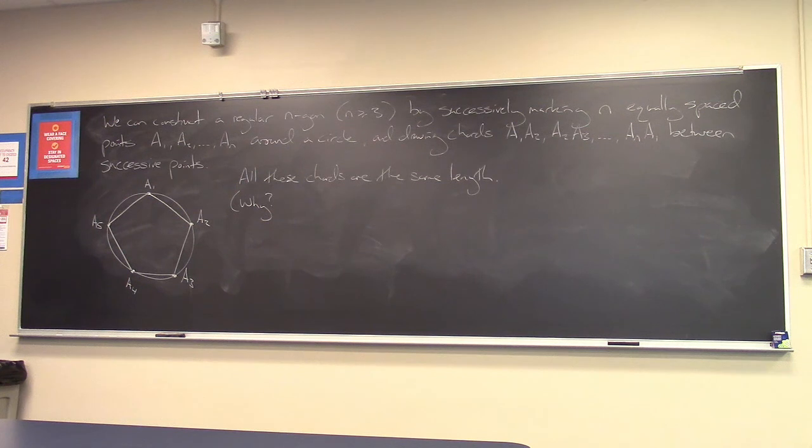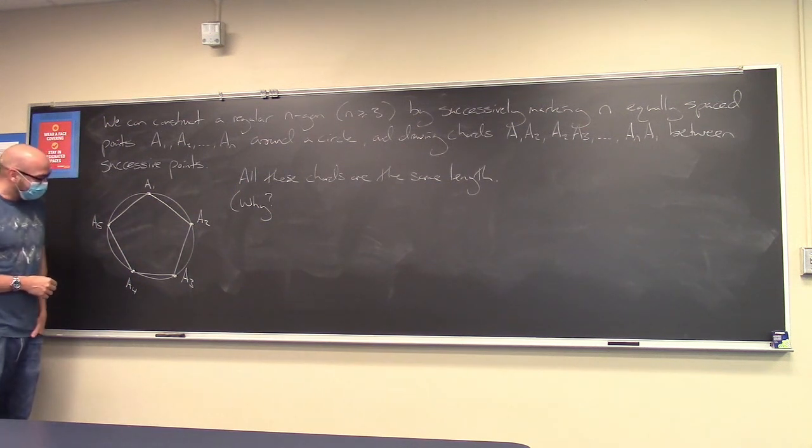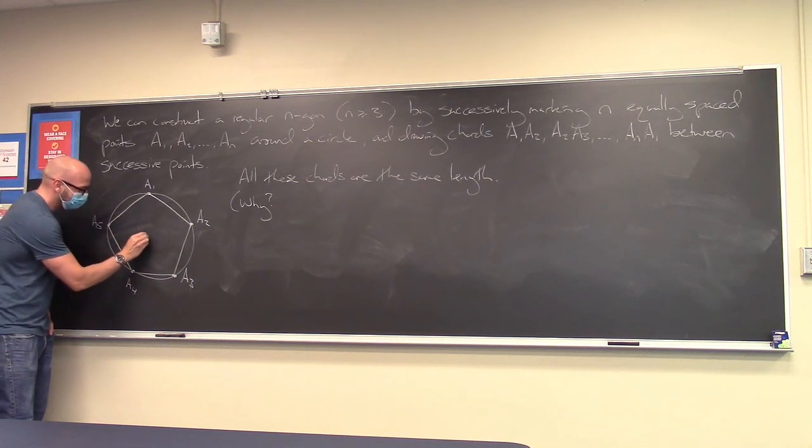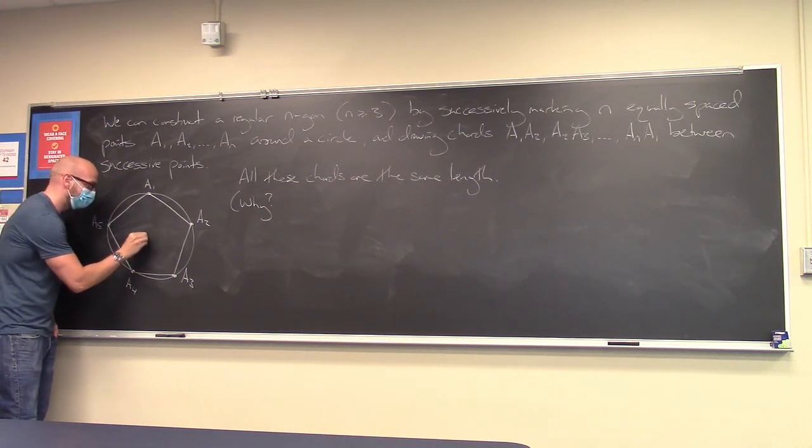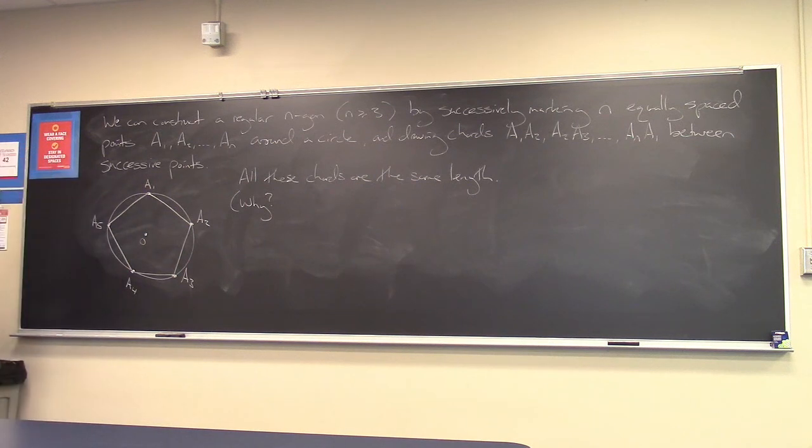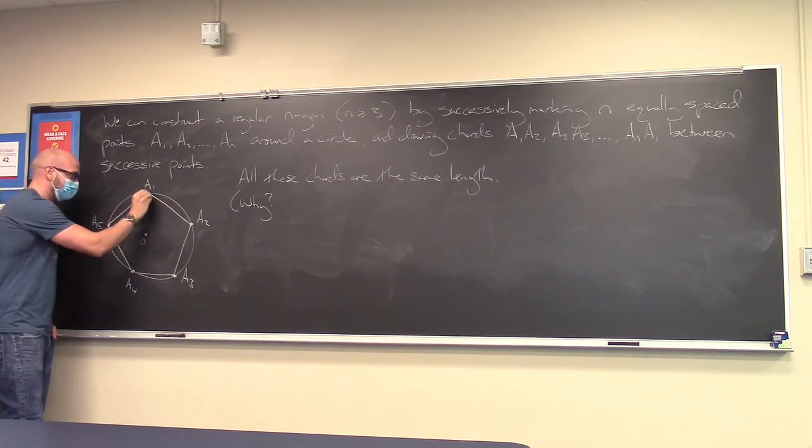Well, remember, you usually want to work with triangles, right? In geometry, triangles are sort of the most basic object, and I can construct a whole bunch of triangles here just by putting in the center of this circle. So here's center O. And I'm going to draw radii out to each of these points.